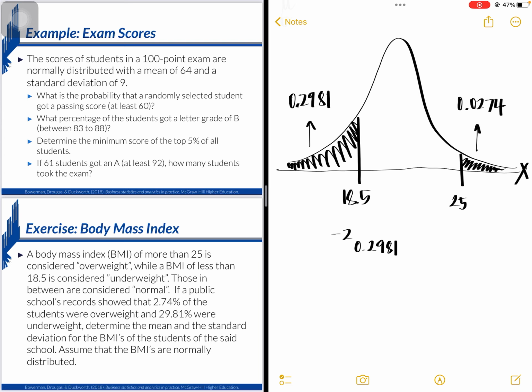That's why it's denoted as negative Z sub 0.2981. Meanwhile, the corresponding Z-score of X equal to 25 can be written as positive Z with a subscript of 0.0274, because the Z-score has an area of 2.74% to its right.